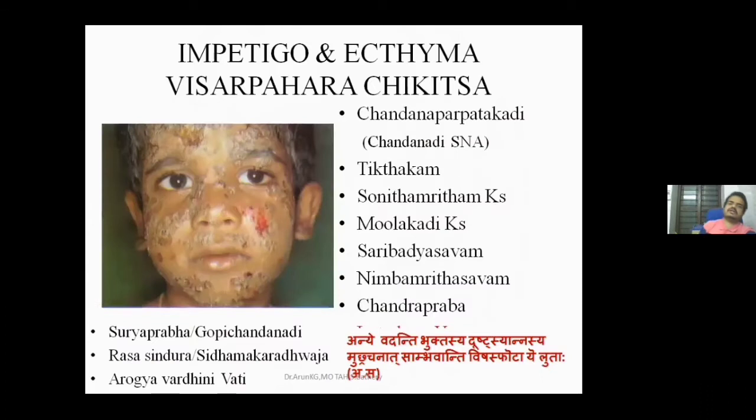This can be considered under Bala, and some beneficial yogas include Chandranadi or Chandravarpadagadi yoga mentioned in Sastra Yoga, available in the market from SNA pharmacy and others. Then Tiktagam Kashayam is good. Shonidamrudam contains only three drugs: Padya, Gobagana, and Nimba.